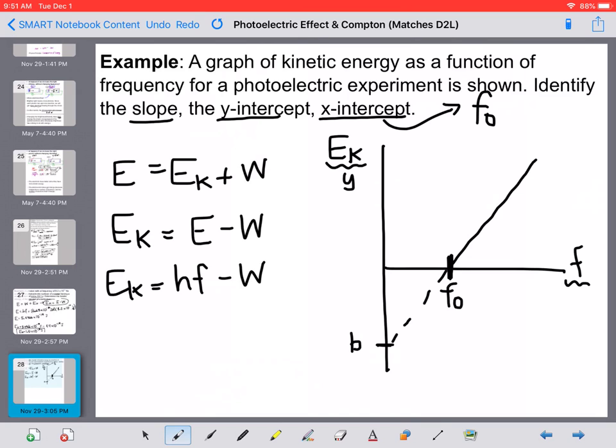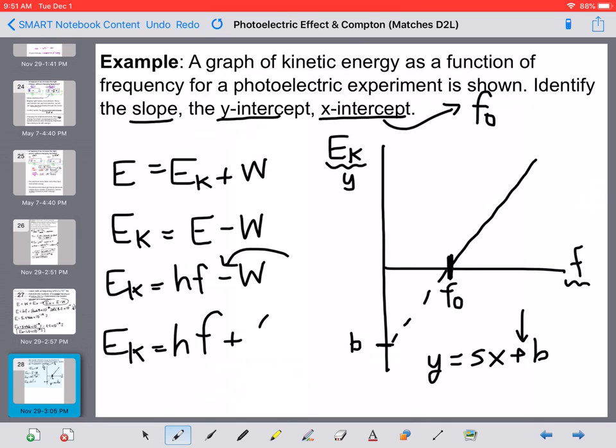Now, my end goal here is to match this equation to y equals sx plus b. Notice how there's a plus sign in there? Again, I need my formula to match that. My formula right now has a minus sign. So I'm just going to rewrite this like this: EK equals HF plus negative W. And now, look what I can do.